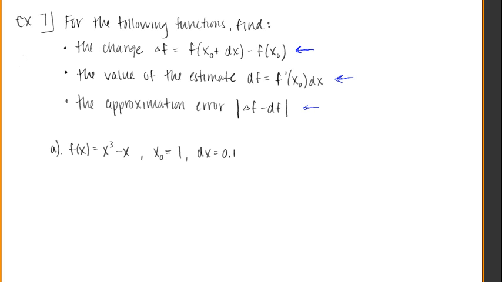Okay, so for the first part, all they want us to do is basically plug it in. So for this function, x cubed minus x, we want to find f of x naught, which is 1, plus the change in x, the dx part, which is 0.01.